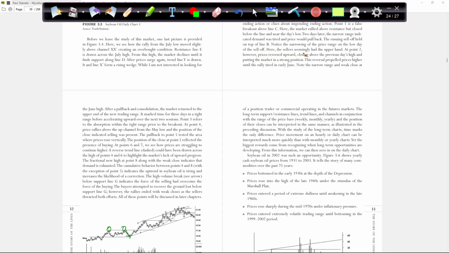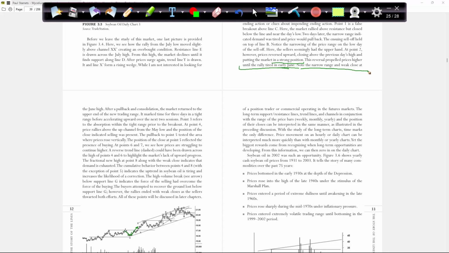Here the sellers seemingly had the upper hand. At point 2, however, prices reversed upward, right here, closing above the previous day's high. So we went from here and then closed above the previous day high, putting the market in a strong position. These several days propelled prices higher until the rally fizzled in early June.